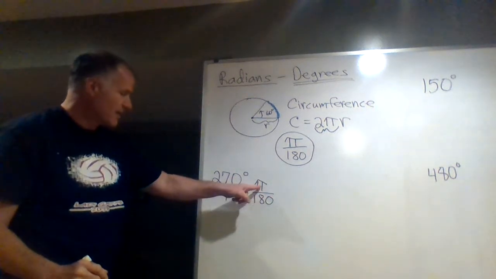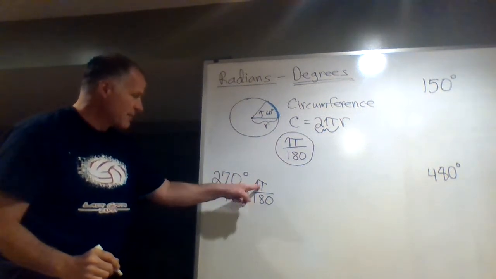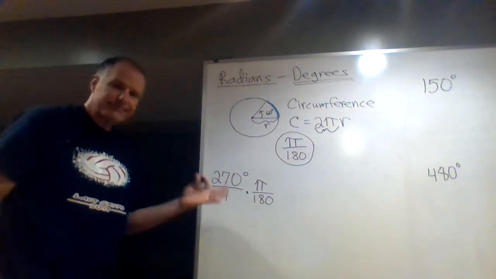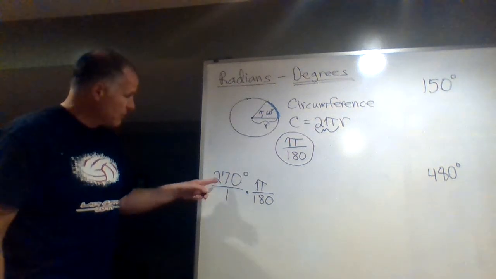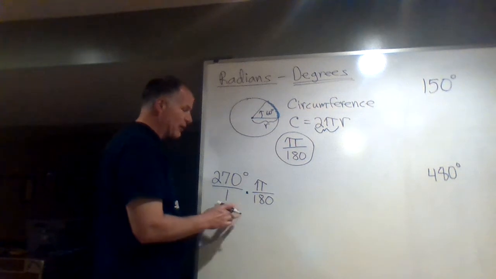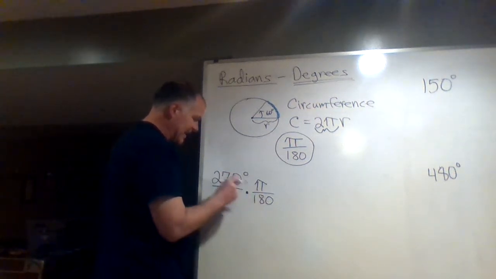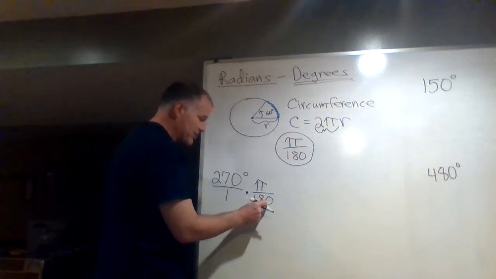That's how you convert. So I'm going to multiply 270 over 1 times pi over 180. That looks weird, but really we just have a fraction times a fraction. Remember, I can cancel diagonally.